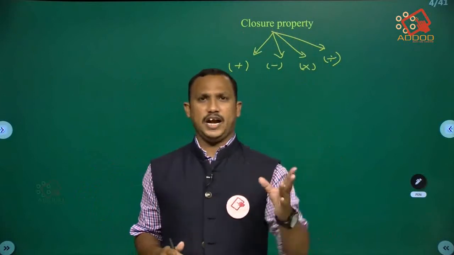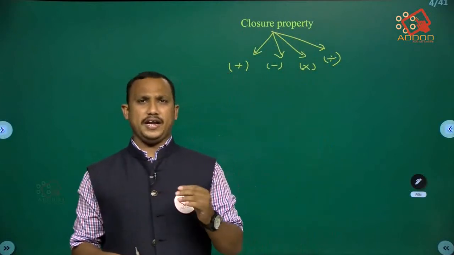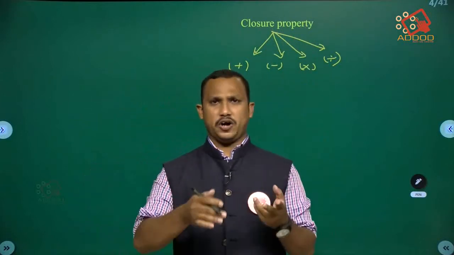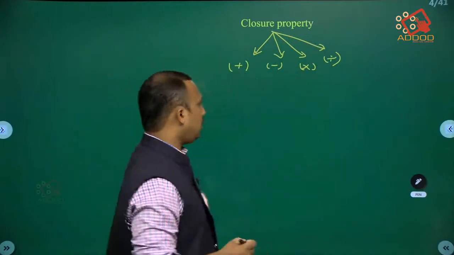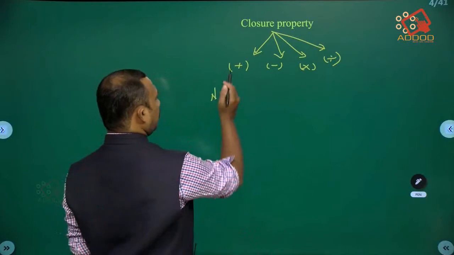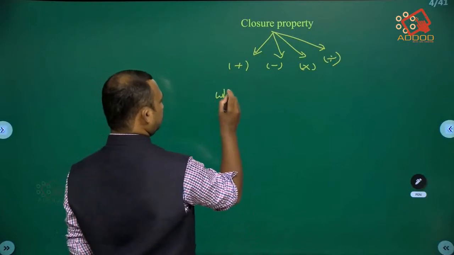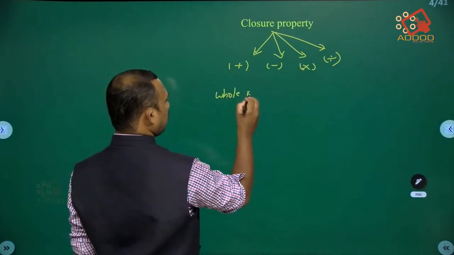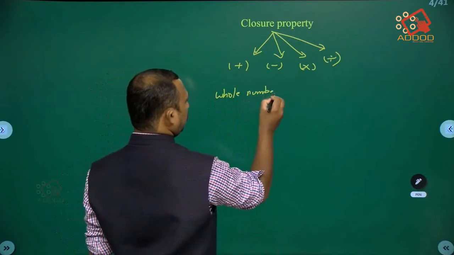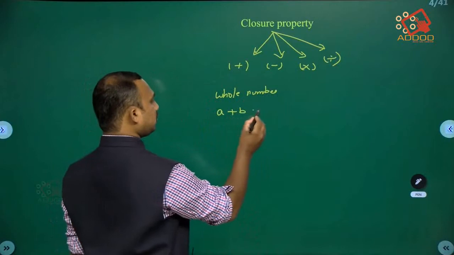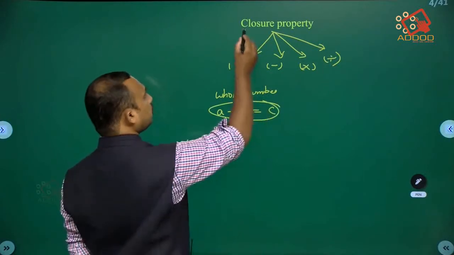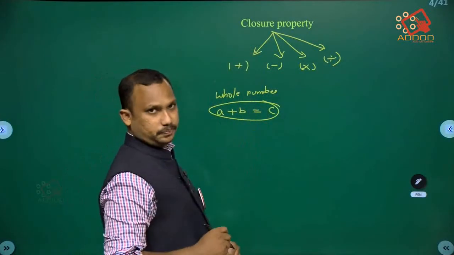The standard form of the closure property is this: when you add a type of numbers, the answer should be of the same type. For example, take natural numbers or whole numbers. Suppose I am adding whole numbers, a plus b equal to c. This is the standard form for closure under addition.